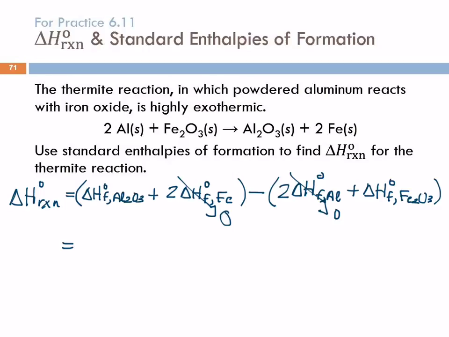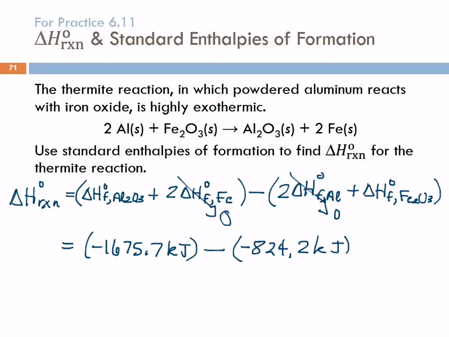So we end up here, the heat of formation for aluminum oxide is minus 1675.7 kilojoules. And then we're subtracting the heat of formation for the iron oxide, which is negative 824.2 kilojoules.